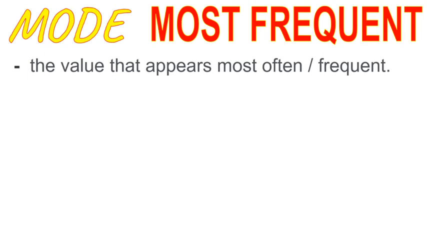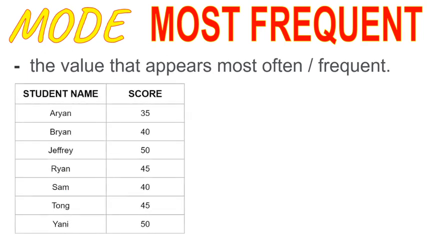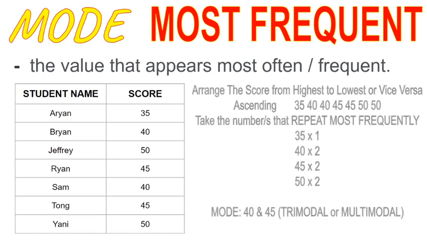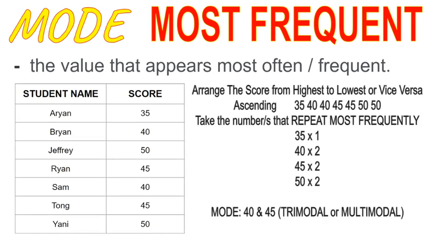Okay, and let's go ahead and get our third example here. So the process would still be the same. You will be able to see here that the number 35 appeared once, and the numbers 40, 45, and 50 appeared twice.